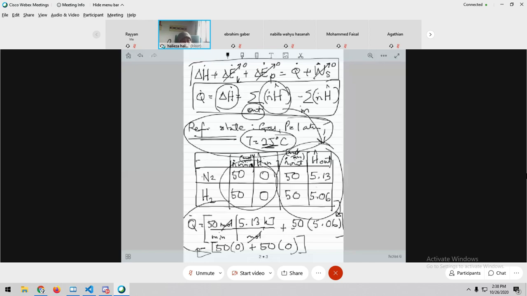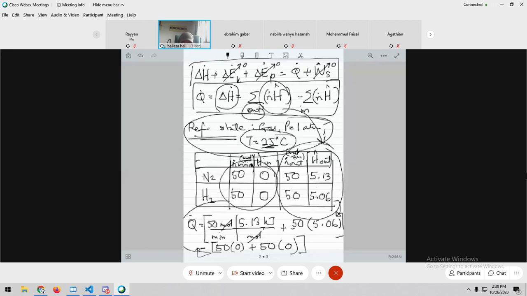In chapter 8, you will be dealing with how to calculate the enthalpy. Then you will choose your own reference state because you are not referring to any table. But since in chapter 7 you are referring to a table, you have to follow the same reference state. So don't forget the reference state.